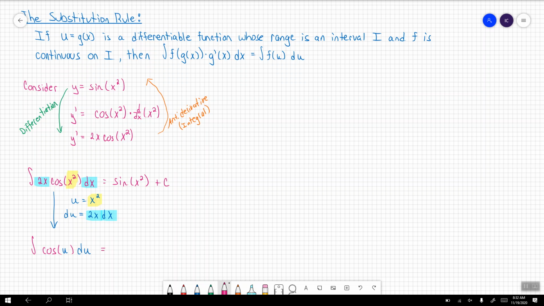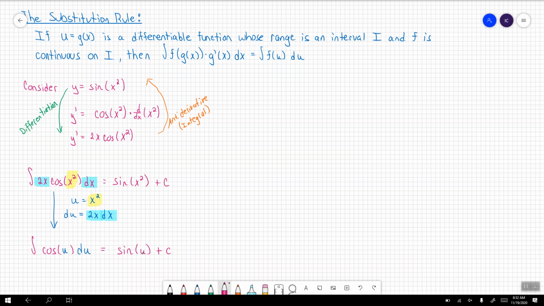The integral for cosine is just sine. Excuse me, the variable that we were doing this with respect to at this time is u. So that's sine of u plus c. However, initially, the integrand was in terms of x, so we have to make the substitutions to go back to the variable x.